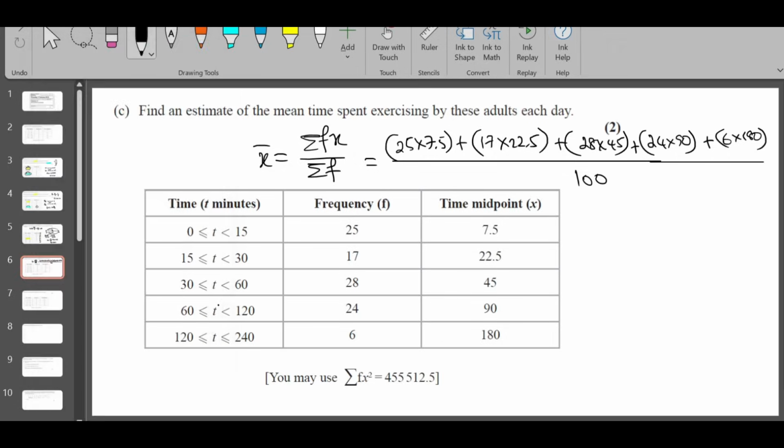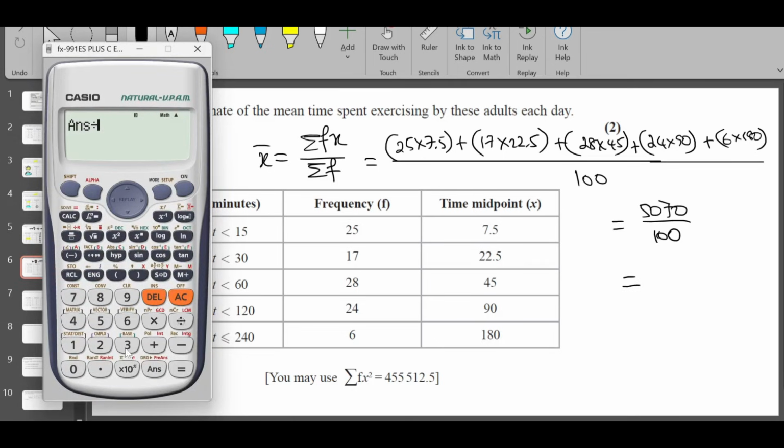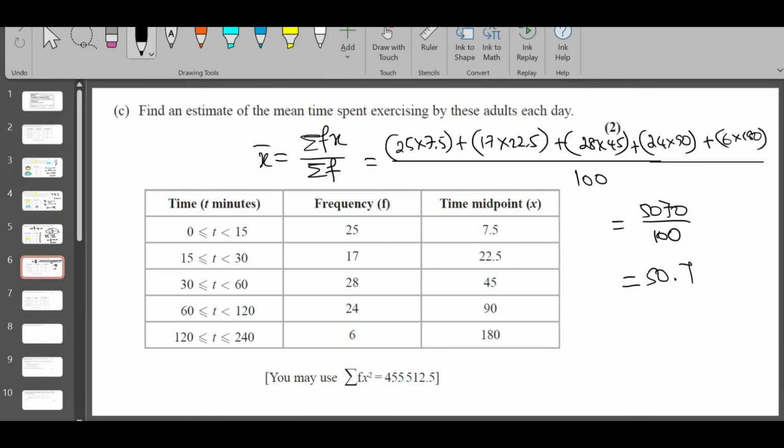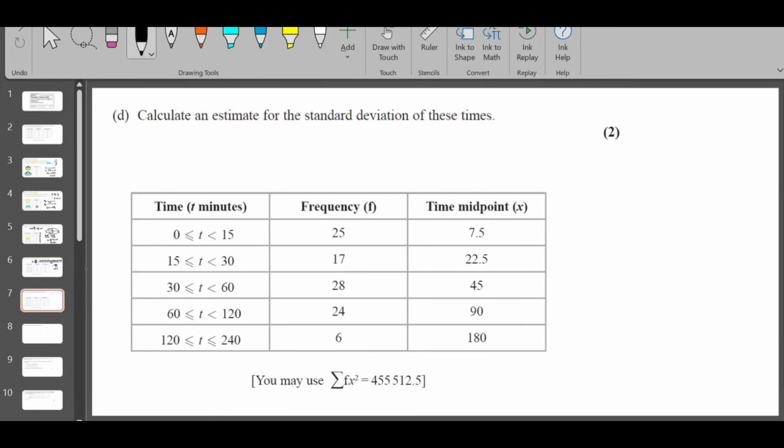So you can write 5070 over 100, which is 50.7. That's the mean.